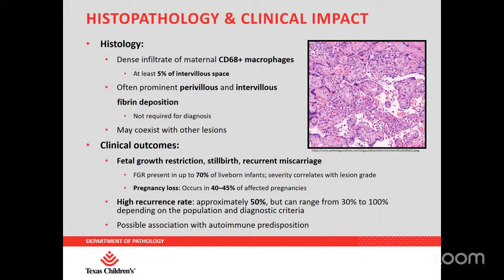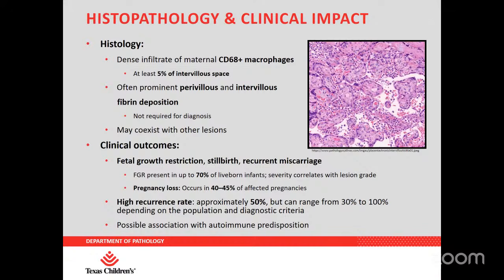Clinically, this is a lesion we take very seriously. That's because it's strongly associated with late miscarriage, stillbirth, and severe fetal growth restriction. Roughly 40 to 45% of pregnancies end in loss, and among the live births, a vast majority will have evidence of growth restriction. The outcome correlates closely with lesion severity.